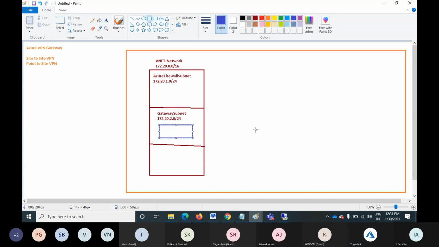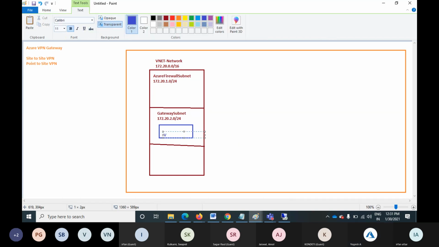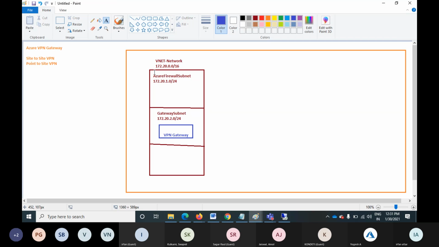infrastructure. Okay, so this is my VPN gateway. Again, when we compare with the firewall, it is the same architecture Microsoft is offering. So when you deploy the VPN gateway, Microsoft is offering two interfaces.